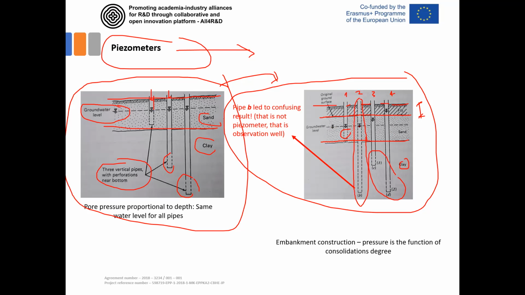First, the groundwater level in these two piezometers is not changing. It's not changing in this one because this piezometer ends in sand. It's also not changing in this one since it is perforated through the total length of the pipe. But here we have some change in the water level.